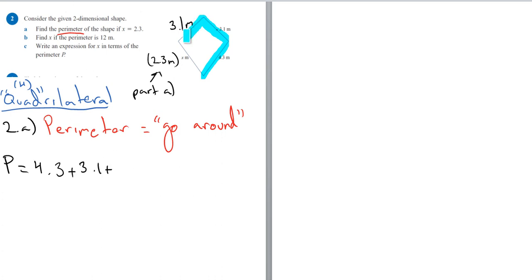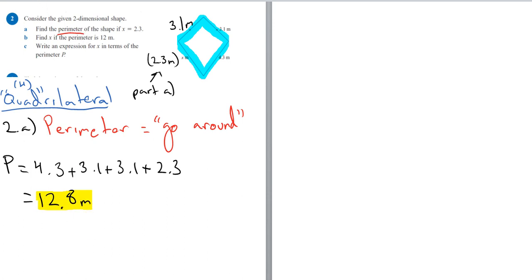This side here is also 3.1. And then finally, the last side, remember that was x, but we're told that x equals 2.3. So that side is just 2.3. Then we've got to add them all up. So 4.3 plus 3.1 plus 3.1 plus 2.3. Just put that into your calculator and you should get 12.8 meters. And that's the answer to part A.